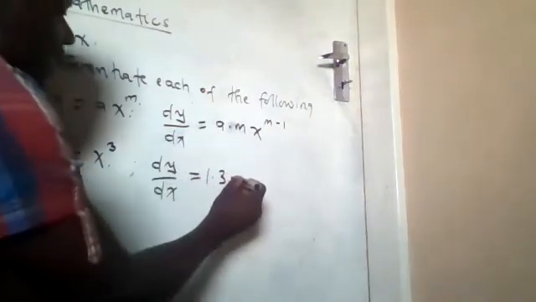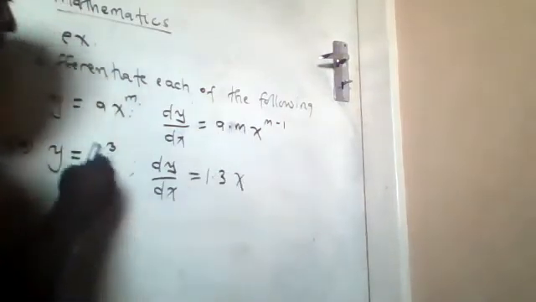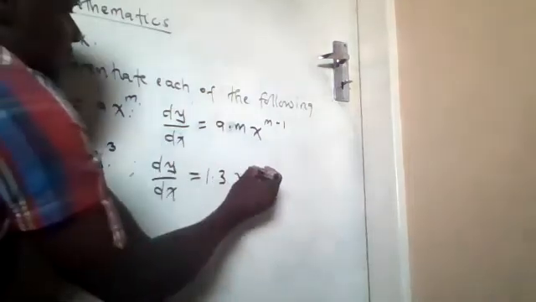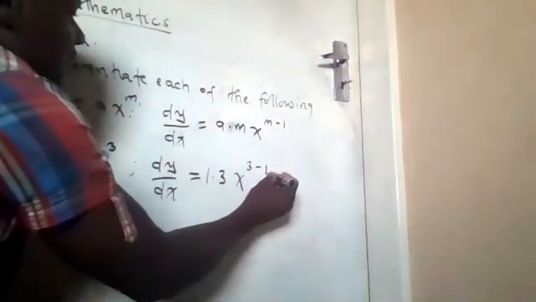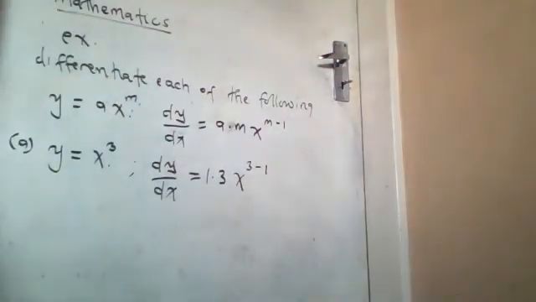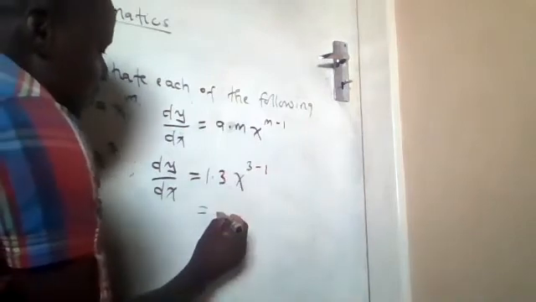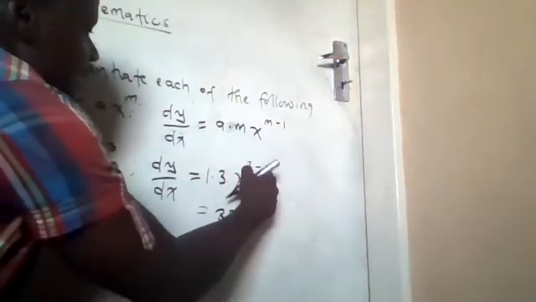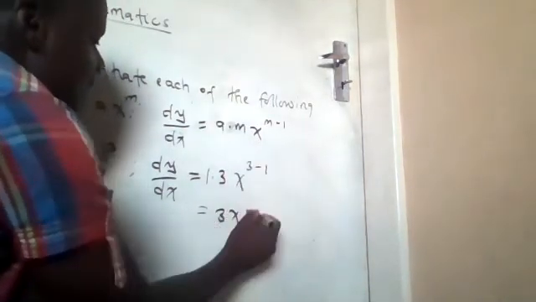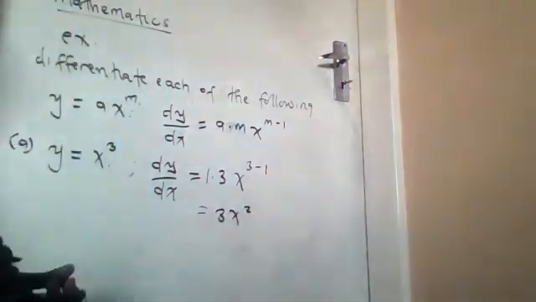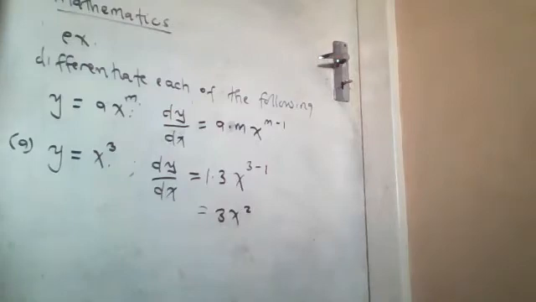Then you bring the variable x. What is the power? Our power is 3. Then you subtract 1. 1 times 3 will give us 3x, and then the power 3, we subtract the 1, we remain with 2. So our dy dx is 3x raised to power 2. And that's how we get it done.